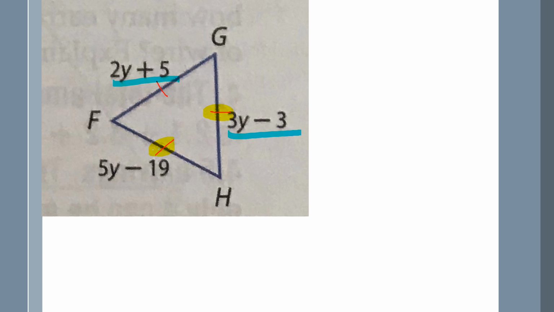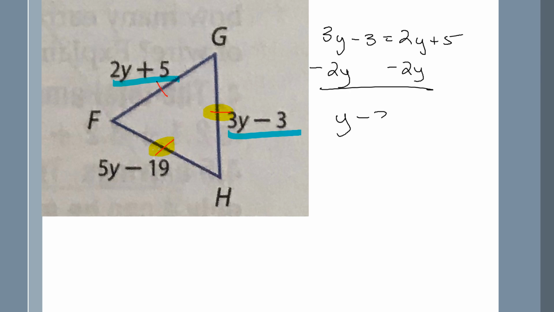So I'm going to set up as 3y minus 3 is equal to 2y plus 5. So I'm going to subtract 2y from each side. And I end up with y minus 3 equals 5. And I'm going to add 3 to each side.